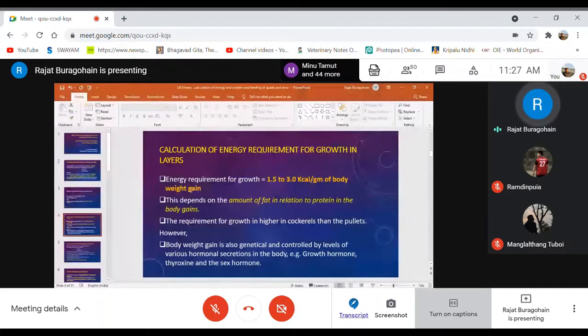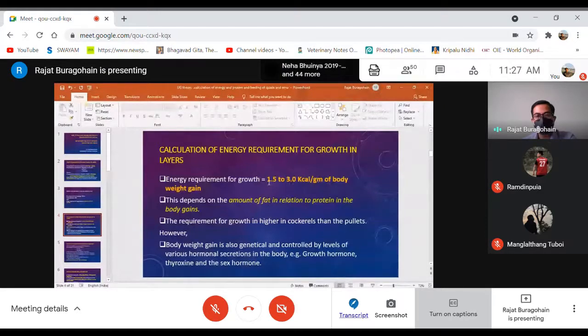It varies from 1.5 kilocalorie per gram of body weight gain. If body weight gain is 100, then the requirement will vary from 150 to 300 kilocalorie per day. It depends on the growth rate, and it also depends on the amount of fat in relation to the protein deposited.